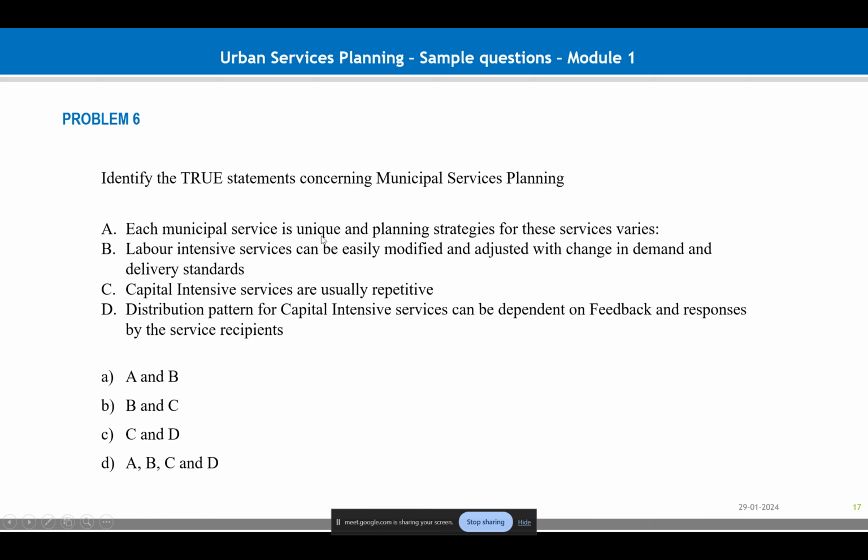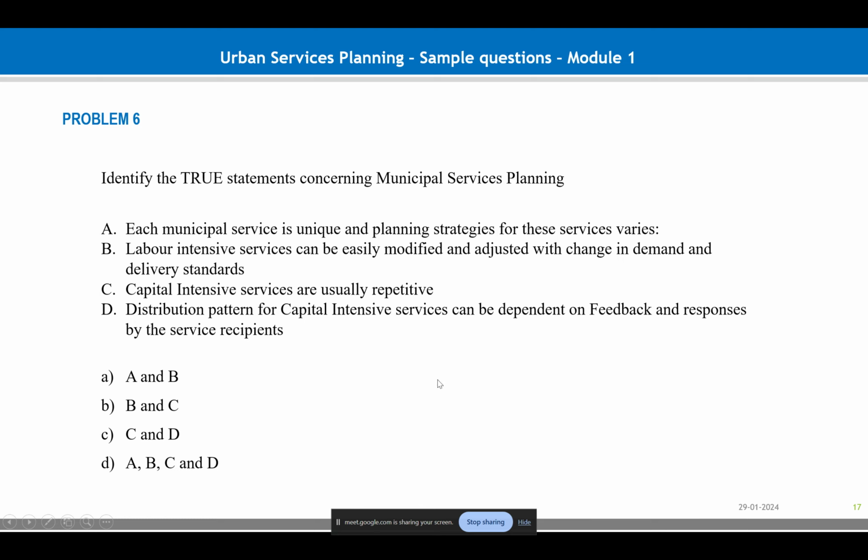So that was one of the differences between labor intensive services and capital investment services, which we discussed. In labor intensive, because it's people who are involved, if we feel that it's not working properly, after some time we can modify it. Or if you want the person to do some extra work, or the task assigned needs to be modified, we can do that.